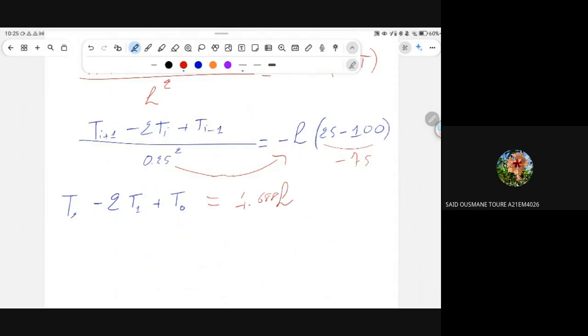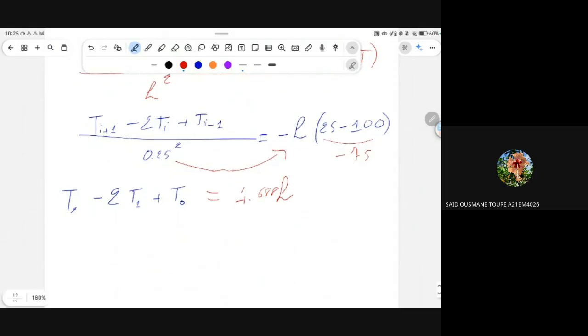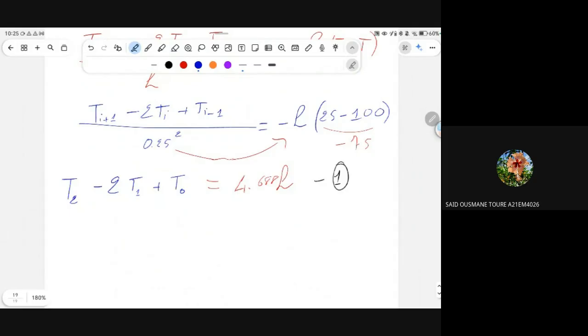Now, is that an equation? Can we consider this an equation? Yes. So equation 1, we note it. Now equation number 2. Now I move up. Before, T2 was i plus 1.